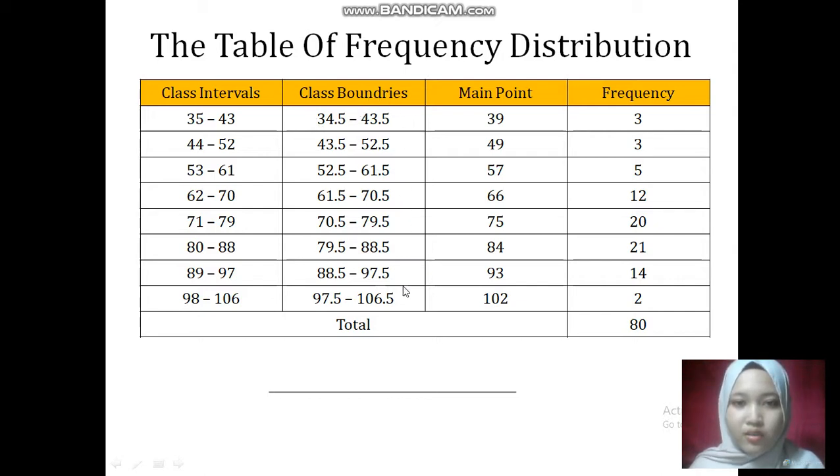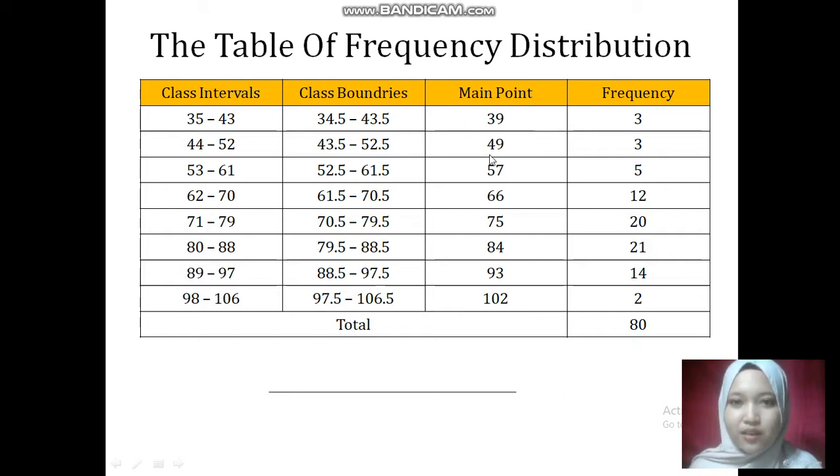And on the right side, it is the right value plus 0.5. For example, 52 plus 0.5 equals 52.5, right?